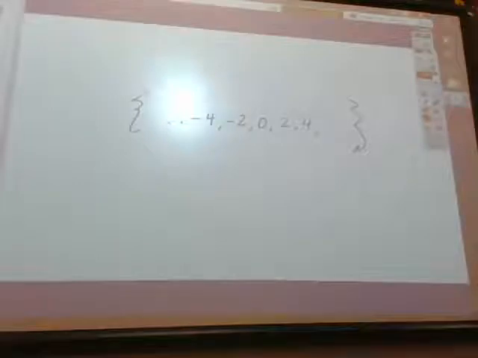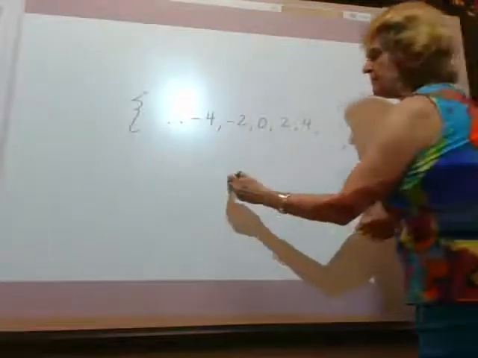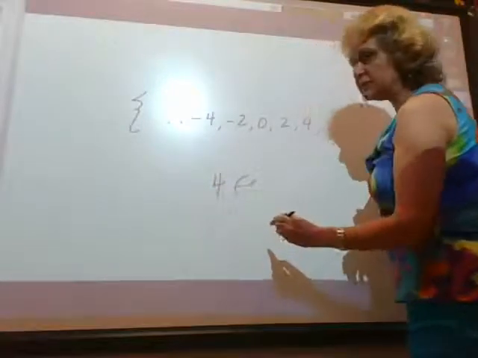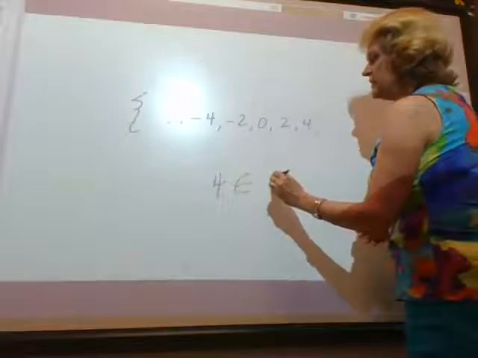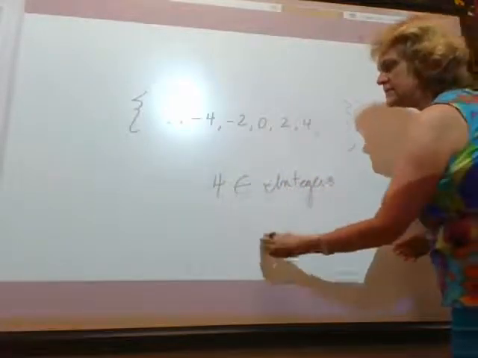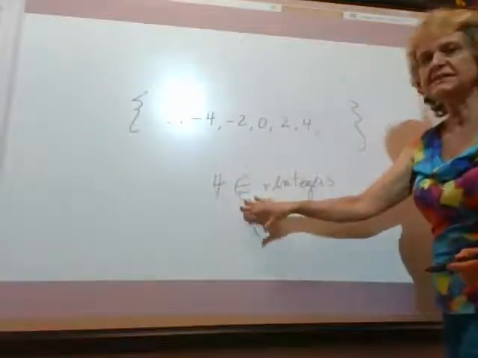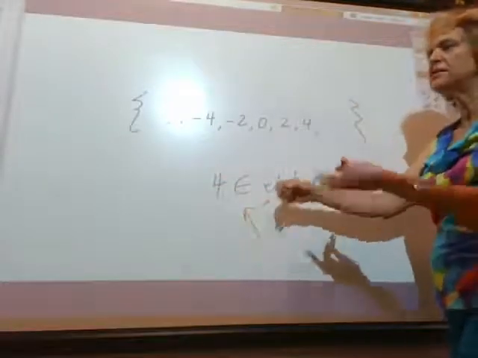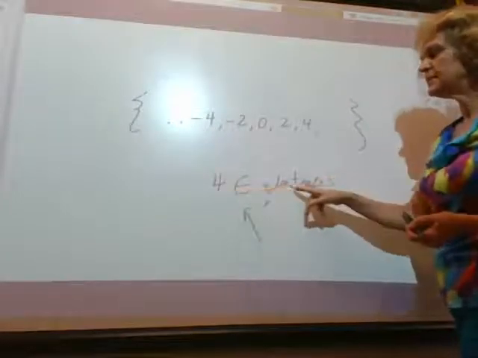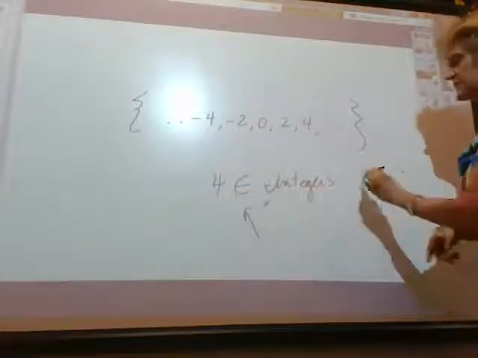All right, so turning the page, the next thing they teach you is the symbol. If I said to you 4 is an element or is a member of the set of integers, is that true? This symbol is saying it's a part of, a member of, an element of the set. So is 4 an element of the integers? Yes, true.